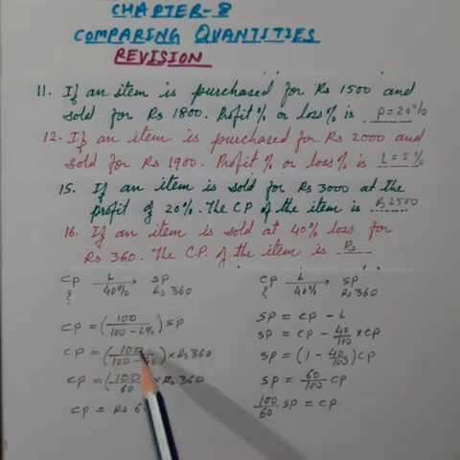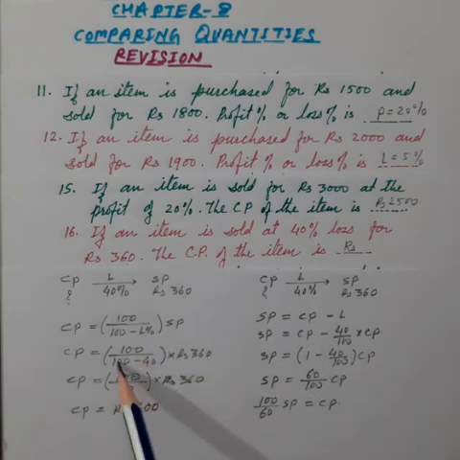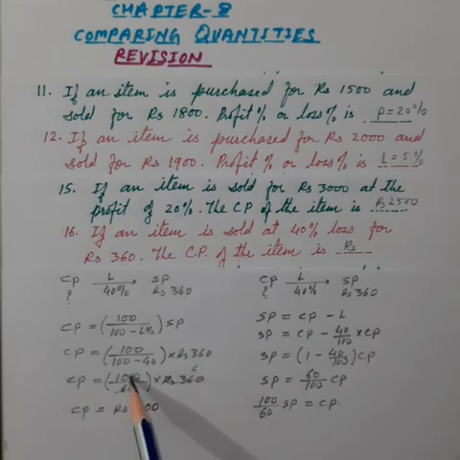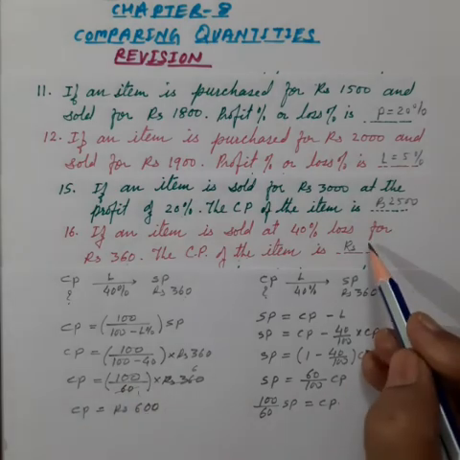So put the values in formula and get the answer. Loss percent is 40. So denominator we get here 100 minus 40, 60. And the selling price is given rupees 360. 60 ones are 60, 60, 6 are 360. And 6 into this 100 is 600. So cost price is rupees 600.